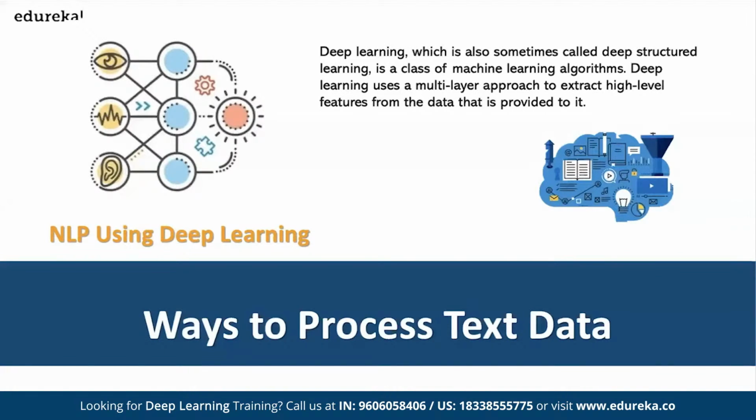We'll make use of the complex structure of a deep learning neural network to find the pattern that is present in the text data. So when we build such a deep learning neural network, we'll be extracting the high level features in the initial layers and go deeper as the layers go inside. So that's the overall intuition when we talk about working with deep learning.